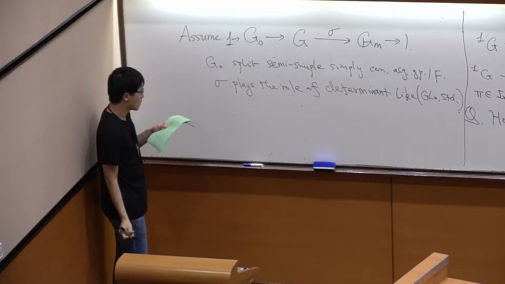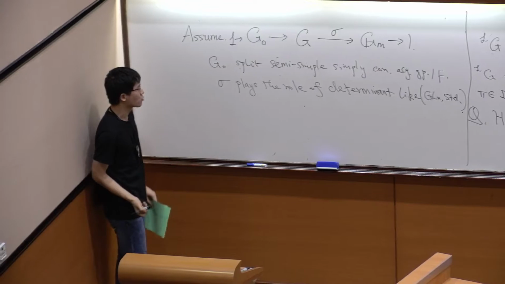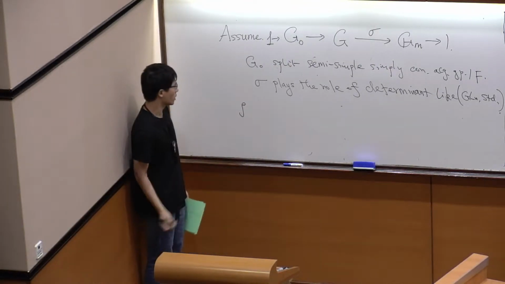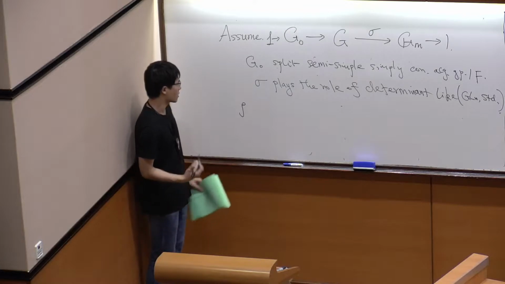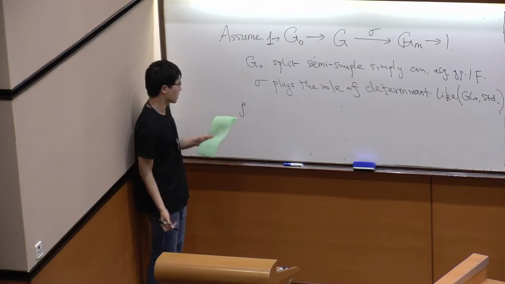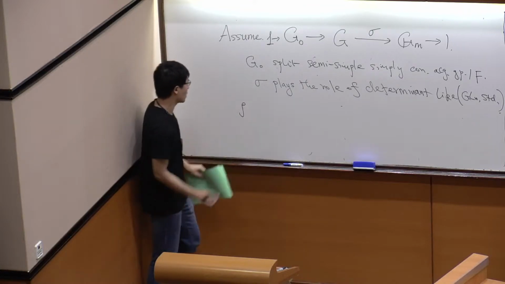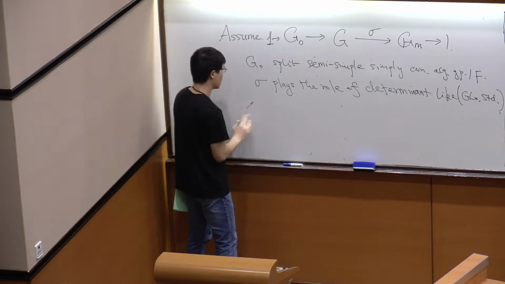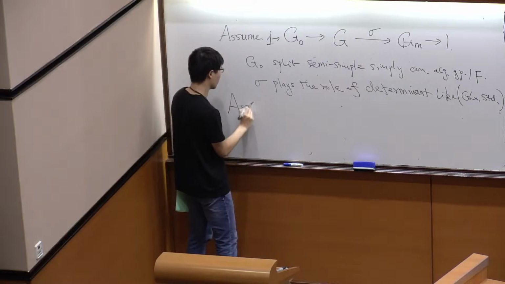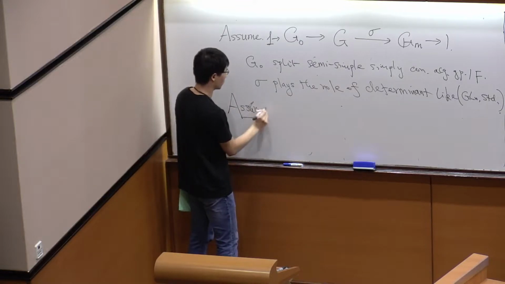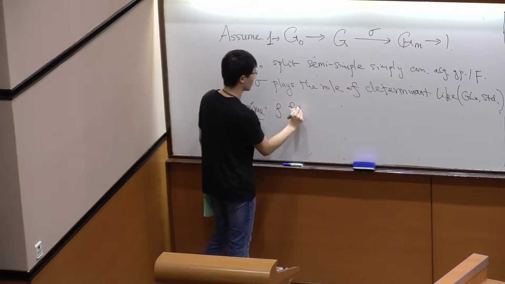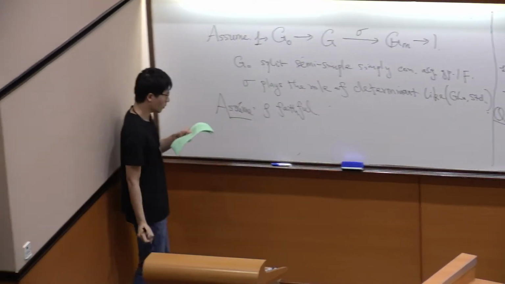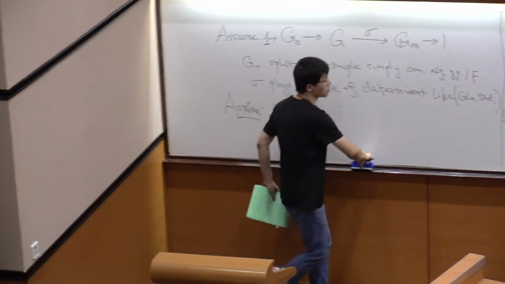Okay. And in order to exclude some trivial case, like if you assume the representation rho to be a trivial representation, then essentially it follows from the work of Tate again. So let's assume that our representation rho is actually faithful. Moreover, we have the following commutative diagrams.